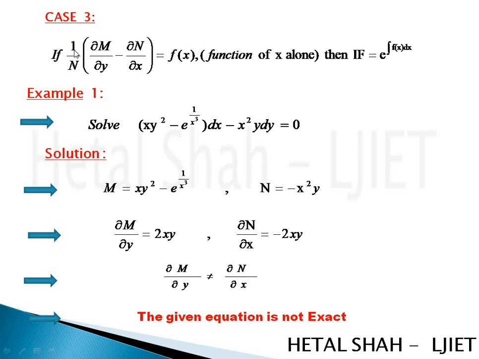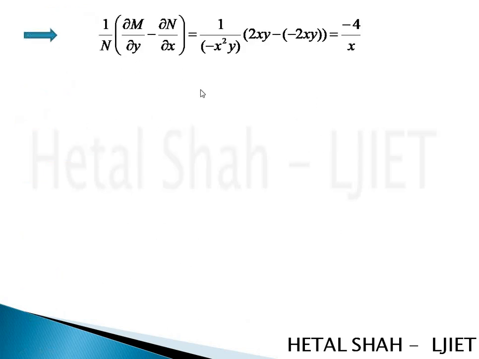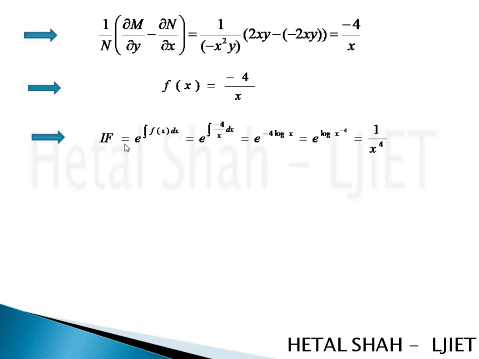But if you get only a function of x, then apply it. Here there is no variable y, so the function of x is −4/x. Now the integrating factor is e^(∫f(x)dx), where f(x) is −4/x. By simplifying, your final integrating factor is 1/x⁴.